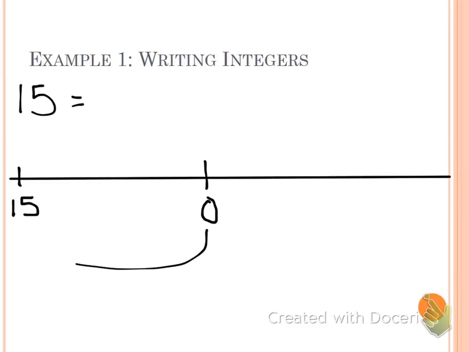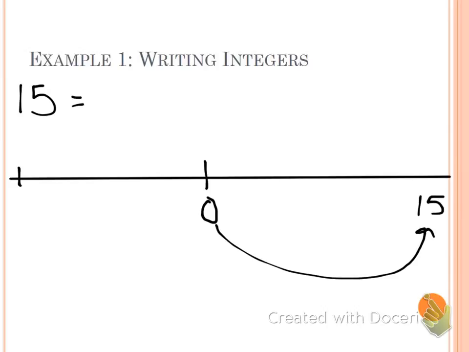So 0 to 15 is 15 units, right? 15 goes over here, it's positive. So if it's positive 15, I'm going to go the same number of units away into the negative over to negative 15. So the opposite of a number is going to be the same number of units away from 0, just on the opposite side of 0.